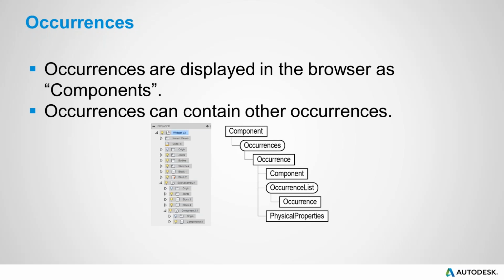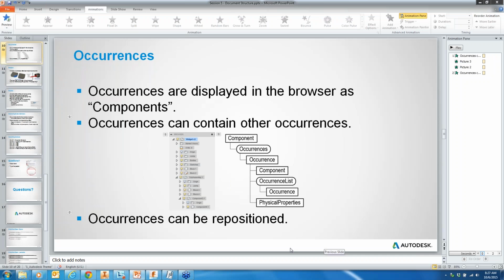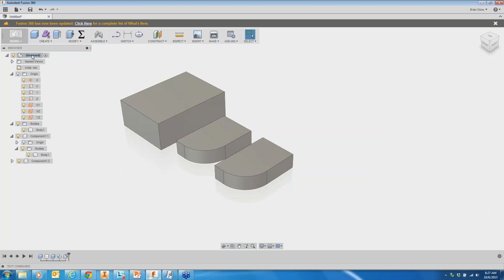And it's possible that those occurrences could have other occurrences inside them. And so that's where, let's see, let me go back. So here I can say, let's create a new component.